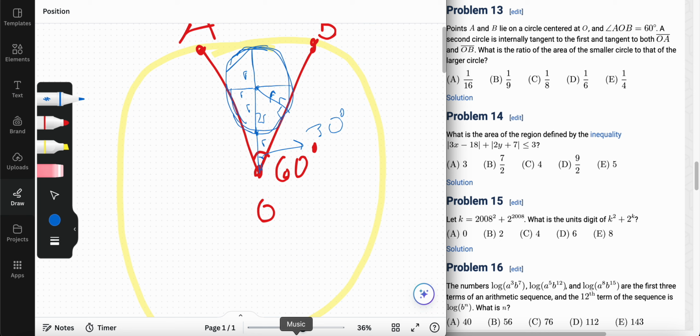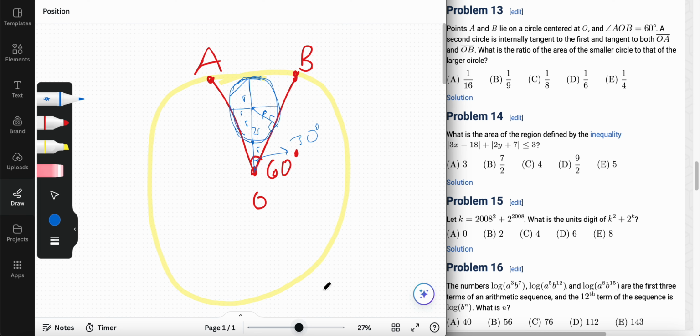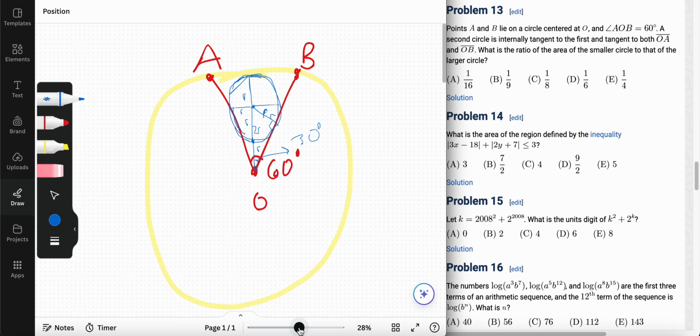So what we can do is figure out the ratios of the lengths of the circles, and from that we can get the area, right? Theta over 360 times 2 pi r, theta over 360 times pi r squared.